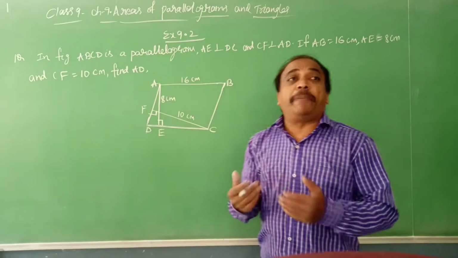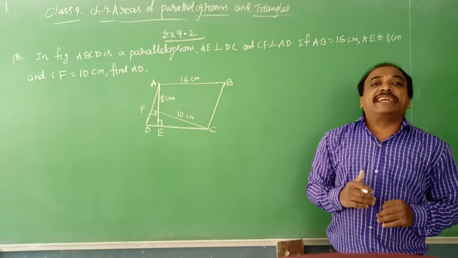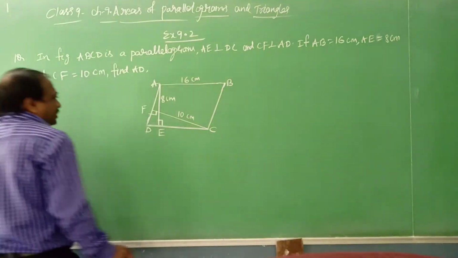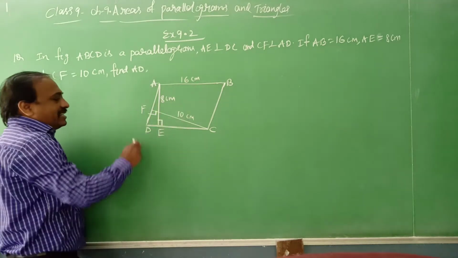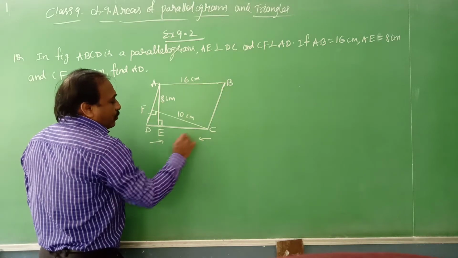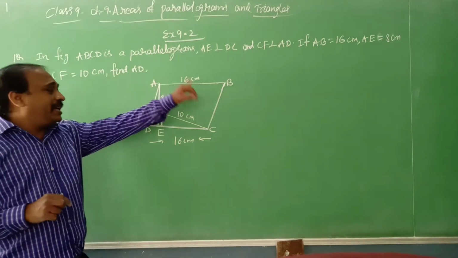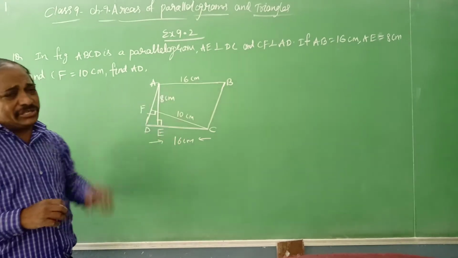We know the properties of a parallelogram: opposite sides are equal in length. So AB is equal to 16 means DC also will be equal to 16 centimeters. AB is equal to DC, which is nothing but 16.